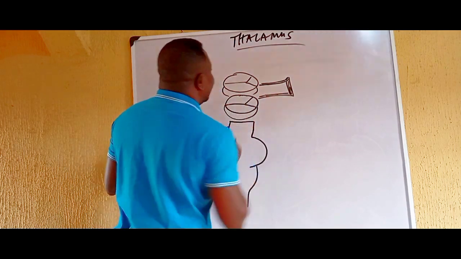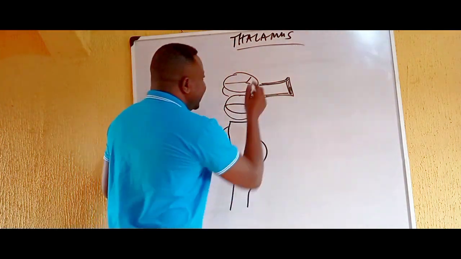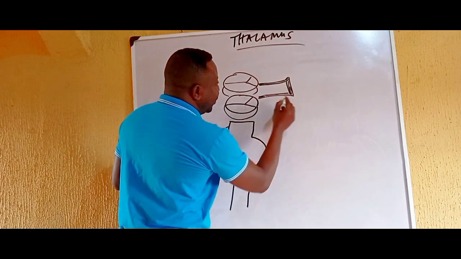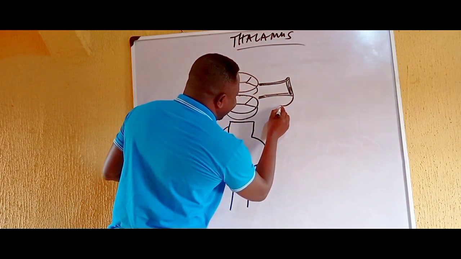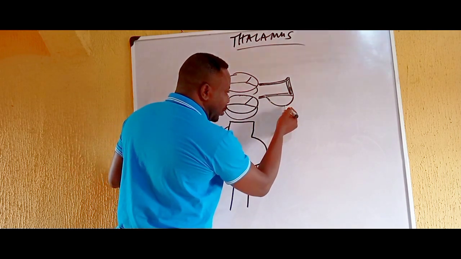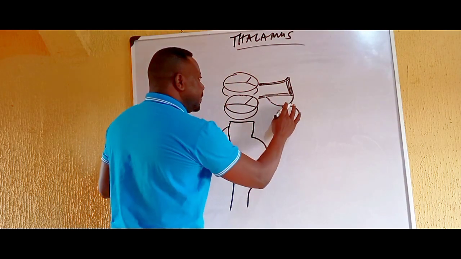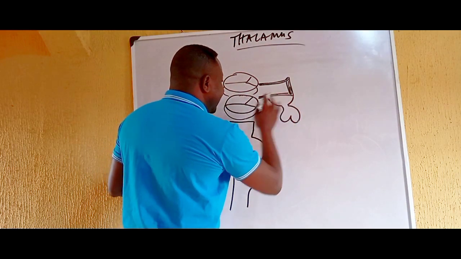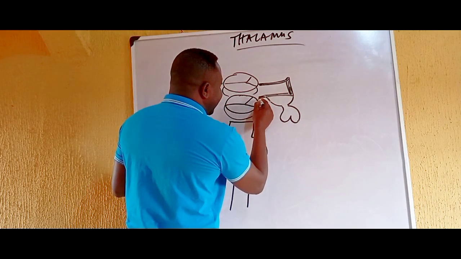The hypothalamus consists of the tuber cinereum and the median eminence, the pituitary stalk, and the pituitary gland. Also, it has another swelling, which is called the mammillary body.